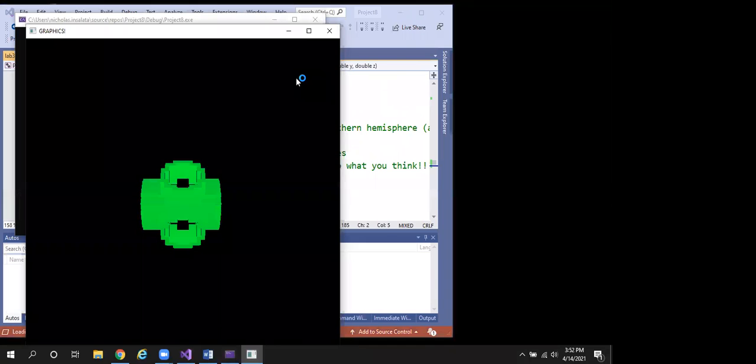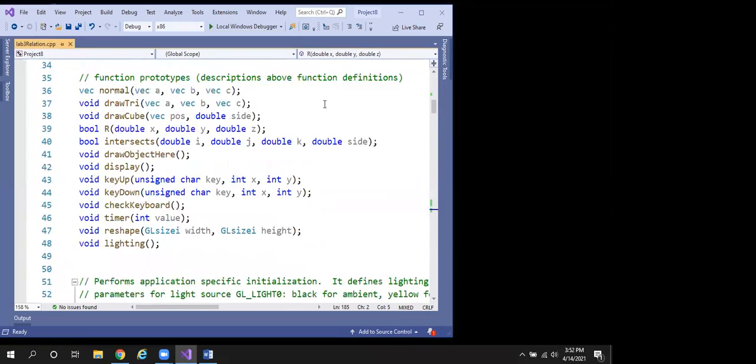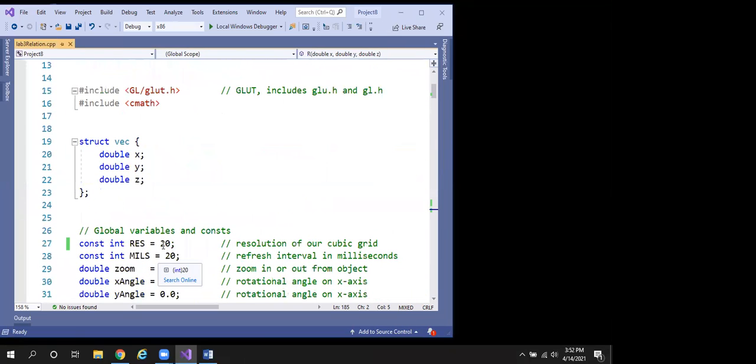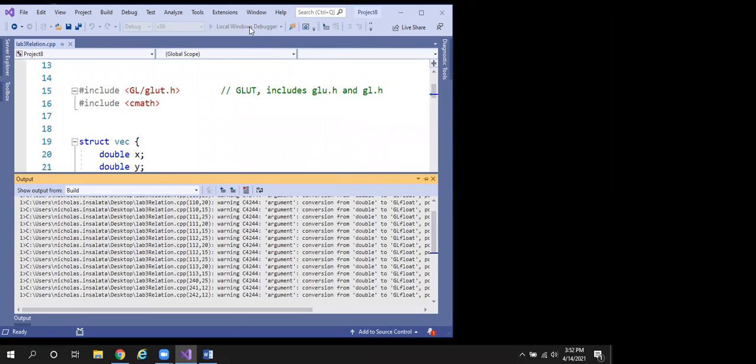So there's a pipe fitting, right? And of course, if you want to, you can turn up the resolution a bit. Let's try for 50 instead of 20 and see if that still renders. It's going to be slow, but let's see how slow.